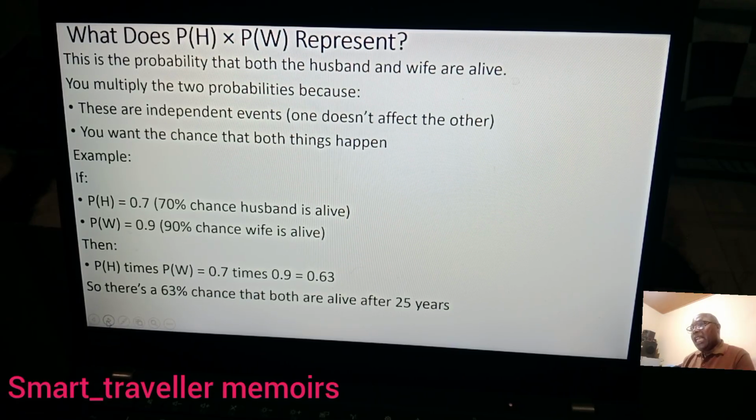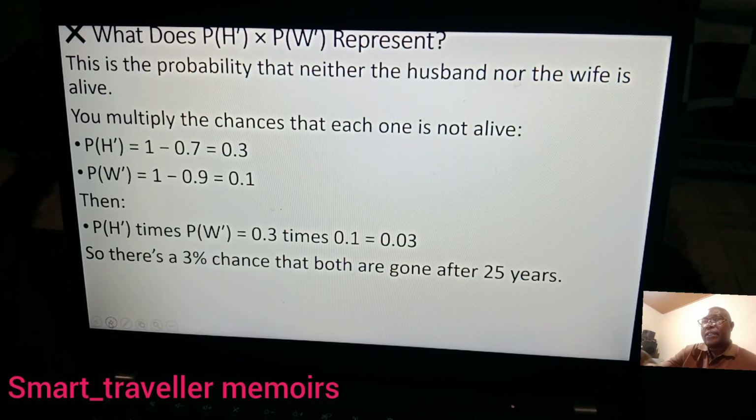Example, if pH is equal to 0.7, that is 70% chance husband is alive, and PW is equal to 0.9, which is 90% chance wife is alive, then pH times PW is equal to 0.7 times 0.9, which is 0.63. So there is a 63% chance that both will be alive after 25 years.